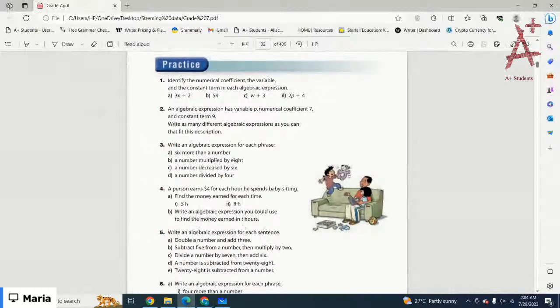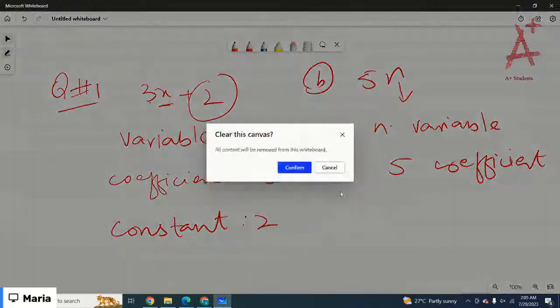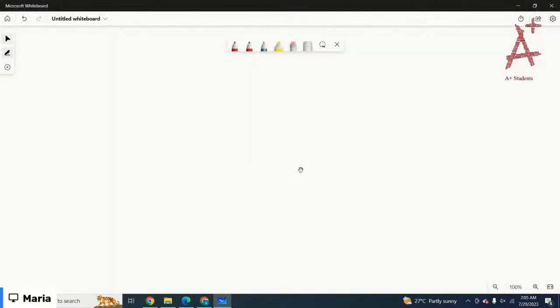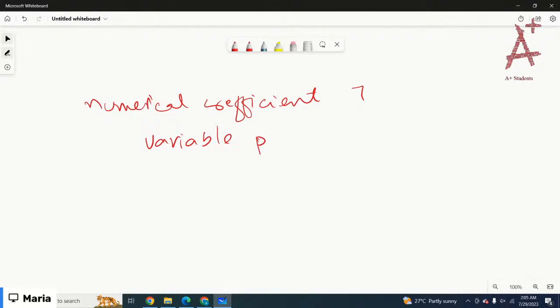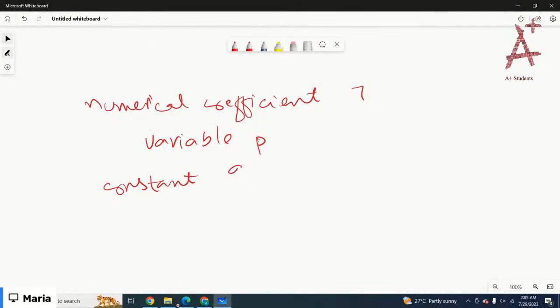So you have numerical coefficient 7, variable p, and constant is 9, I think. Yes, 9. You have to write as many as you can.